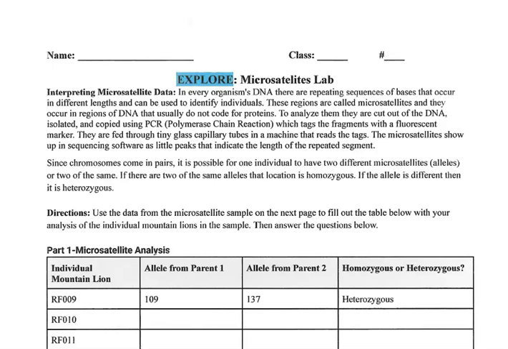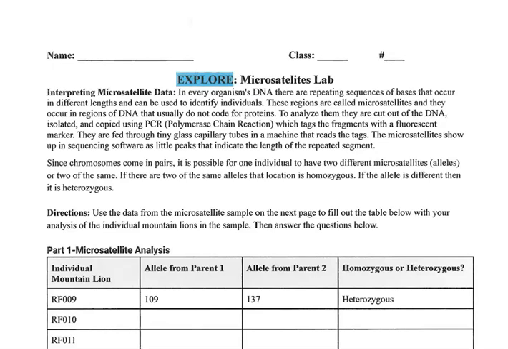And these occur in different lengths, and these can be used to identify individuals. These regions are called microsatellites, and they occur in regions of DNA that usually do not code for proteins. Proteins are enzymes. We just recently did a whole lab on, and we're actually not done with it, lactase, right?